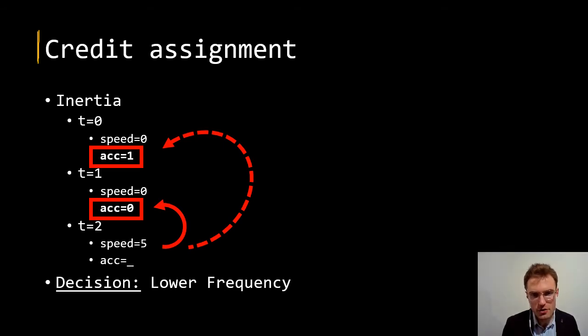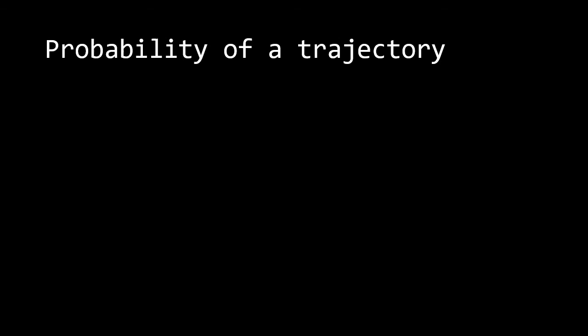I will also be changing the state space, and this will serve as the next example to illustrate the concept of max entropy IRL, which is the second method that we need to look at. All right, so max entropy IRL is based on probability. Why do you need probability?